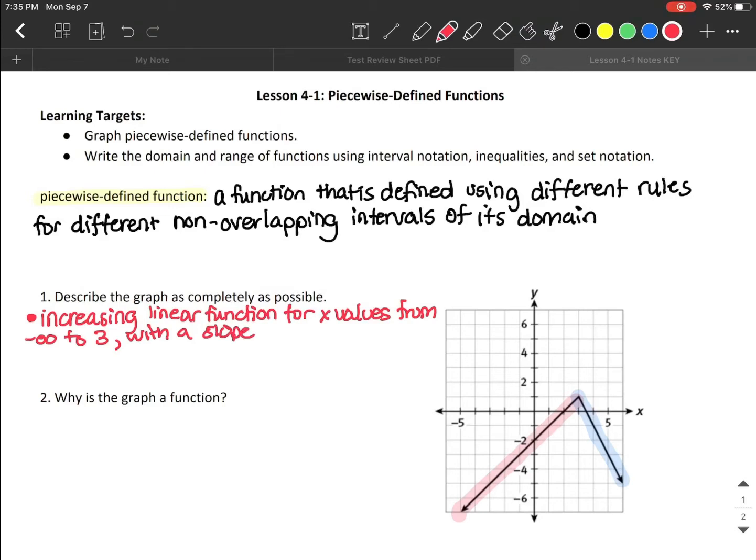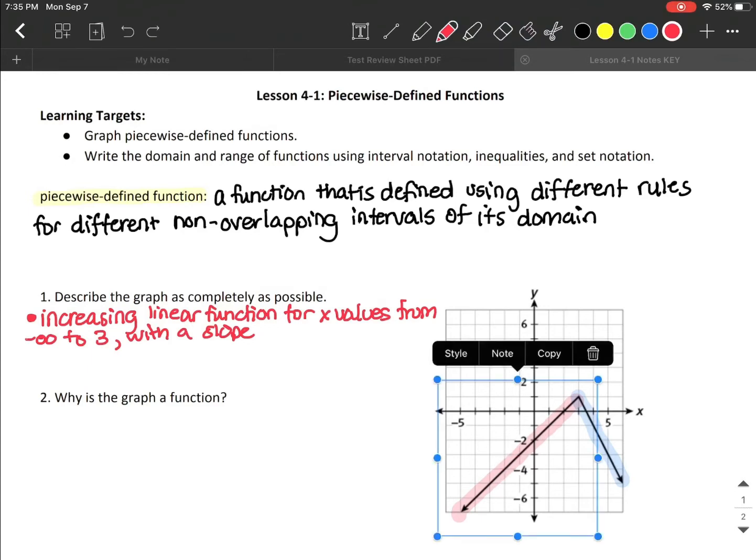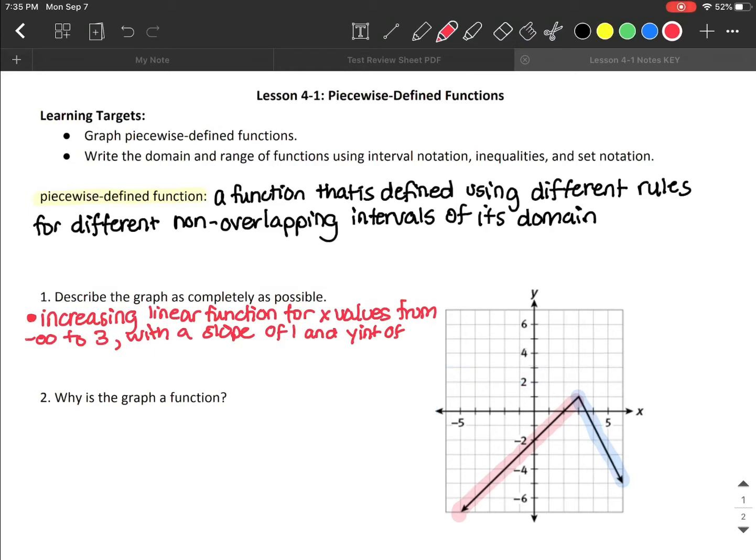From one point to the next, I'm going up one to the right one, which means my slope is 1 over 1, or just 1. The y-intercept is already there for me, it's negative 2.